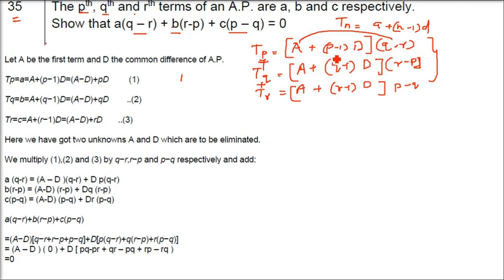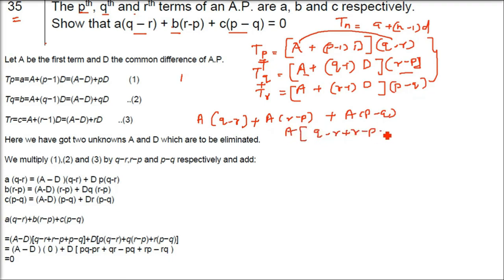Now let us add these. I'm taking only the A terms: A into (Q minus R) plus A into (R minus P) plus A into (P minus Q). Now I'm taking A common. So it will be Q minus R plus R minus P plus P minus Q. This all gets cancelled.